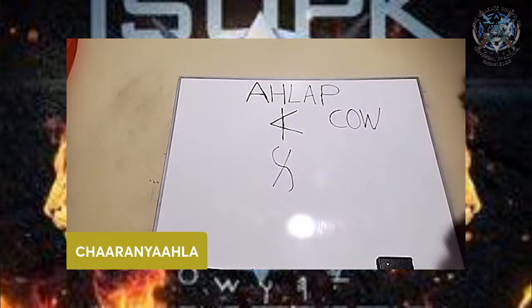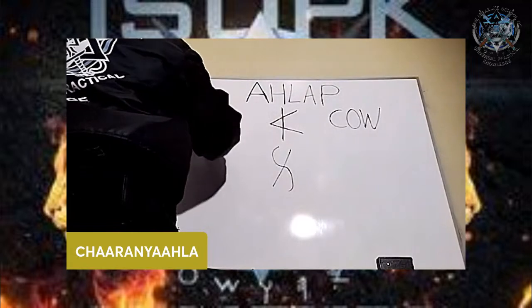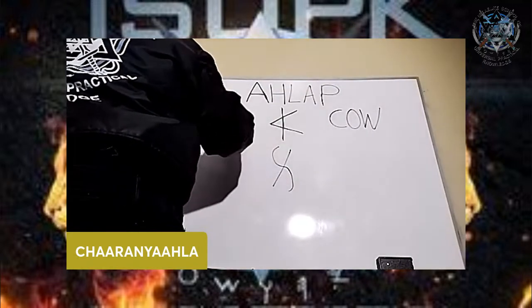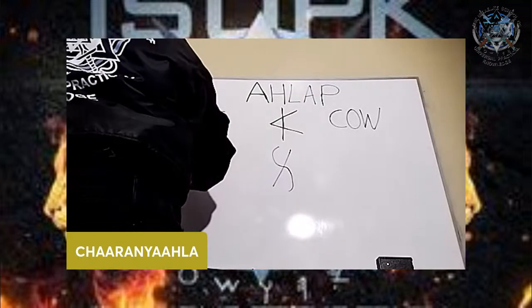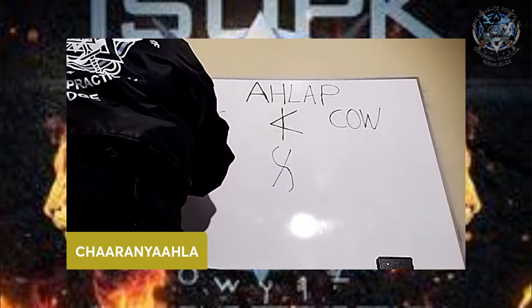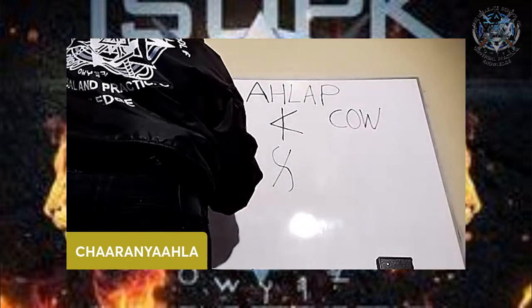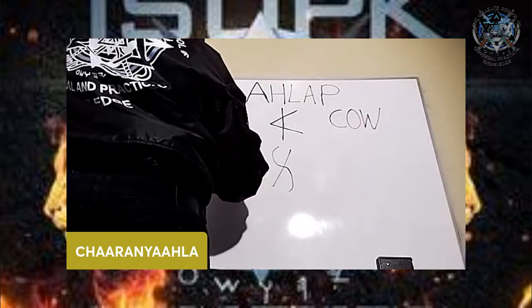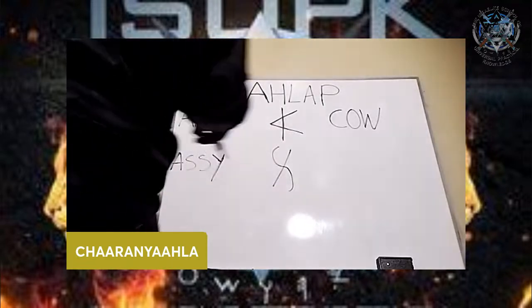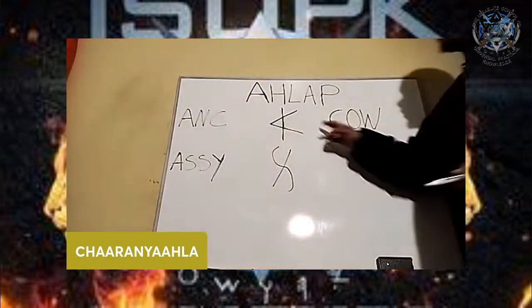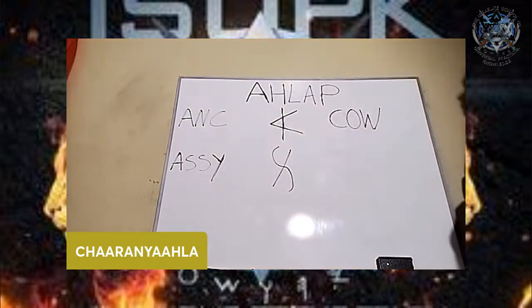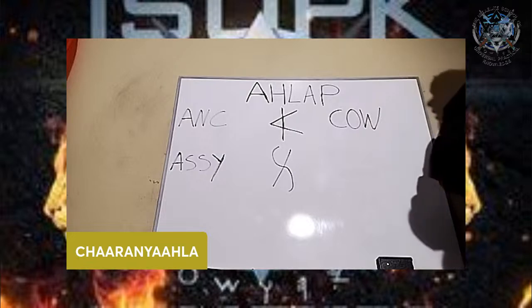Okay, this first character at the top. This is the ancient Hebrew character for Ah, which is short for Allah. That's what that character is short for. This character symbolizes a cow head, or means ox.